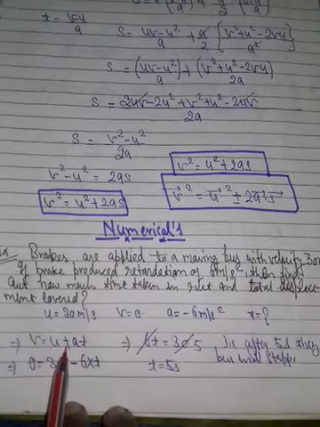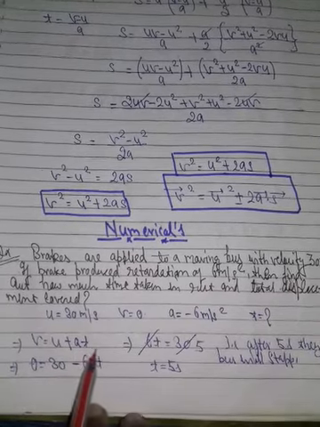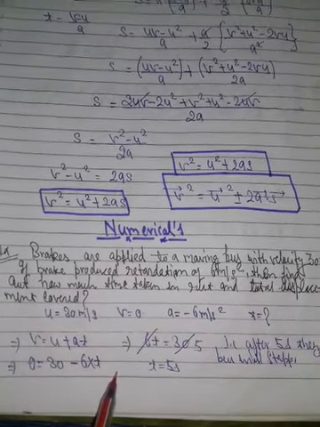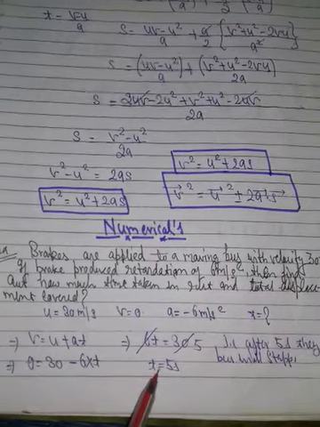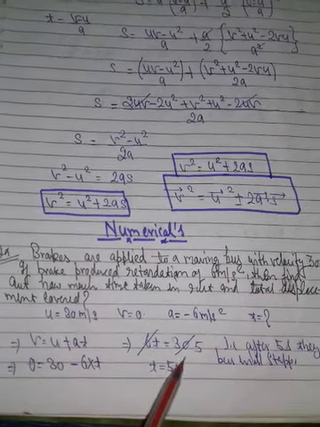Using the first equation, that is v = u + at, first we find out the time interval the body travels.